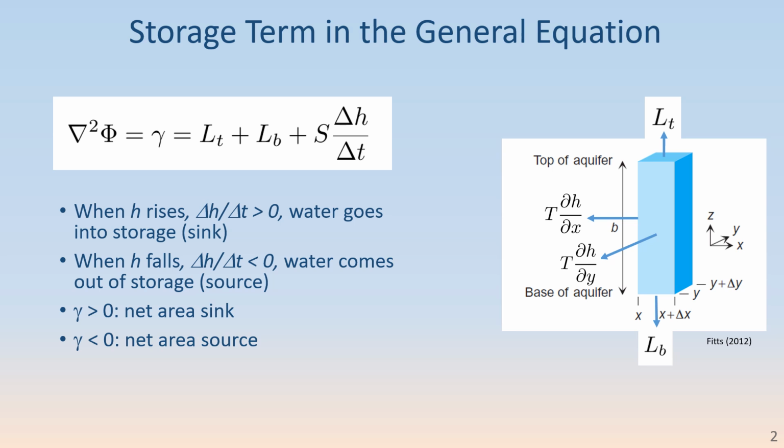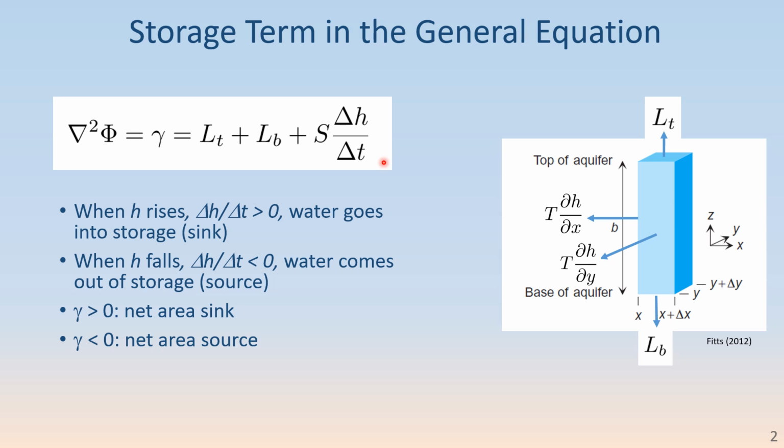In a transient model, this is our general flow equation, and this third term on the right side is going to be non-zero because there is a change in head with time in that last term.